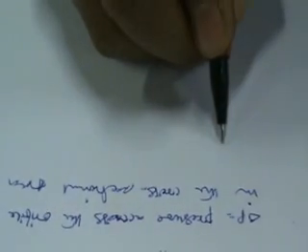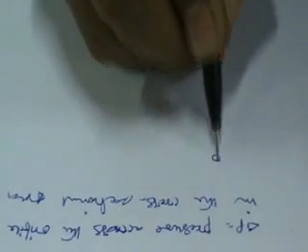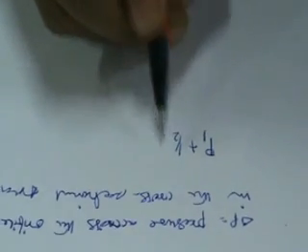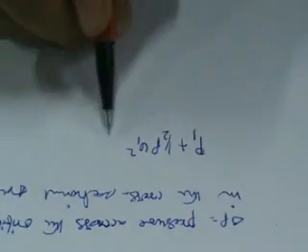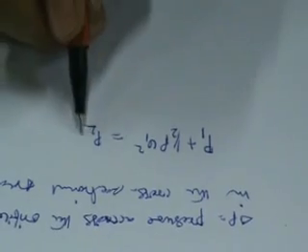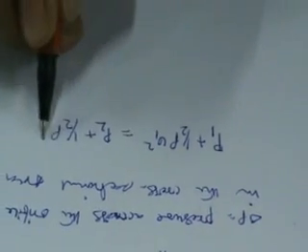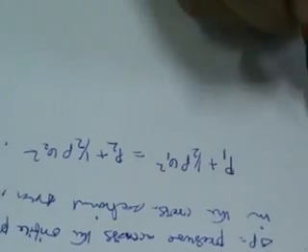So I can write P1 plus half rho V1 square equals P2 plus half rho V2 square.